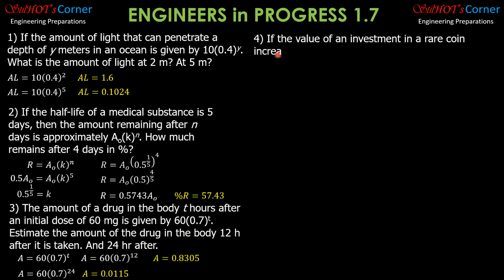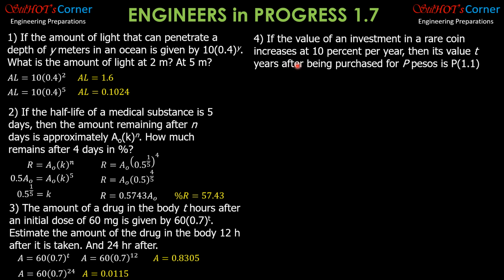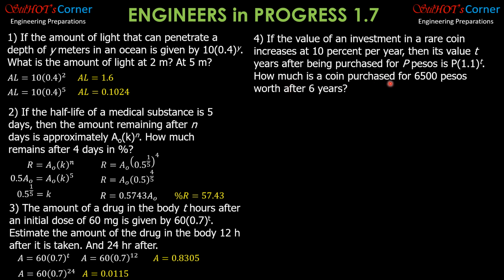If the value of an investment in a rare coin increases at 10% per year, then its value T years after being purchased for P pesos is P times 1.1 to the T. How much is a coin purchased for 6,500 pesos worth after 6 years?